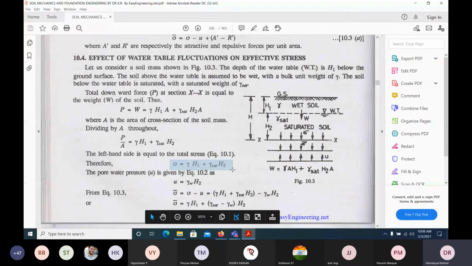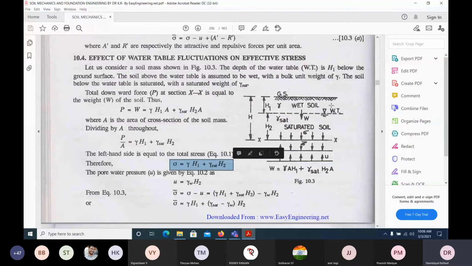Gamma into H1. Gamma is the bulk unit weight of the soil, that means wet soil, not fully saturated, not fully dry. So gamma into H1 plus gamma sat into H2, right?